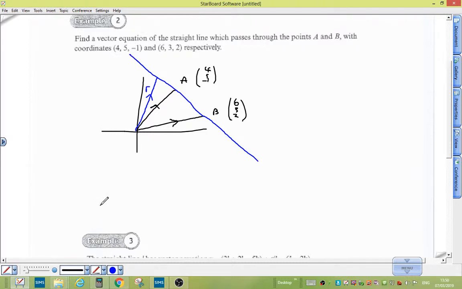Where do you think I'm going to get my direction vector for this line? Not distance between A and B, I just want the vector between A and B. So exactly, I can say I want to work out the direction vector first of all, which is either, you can choose, either A to B or B to A. It doesn't matter.